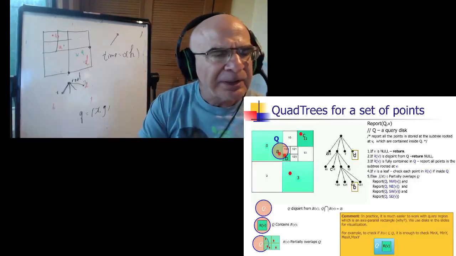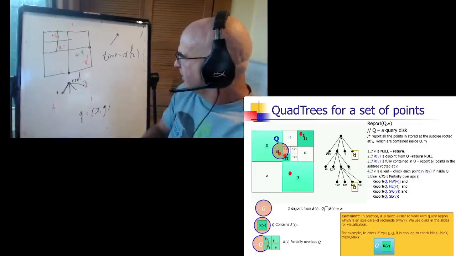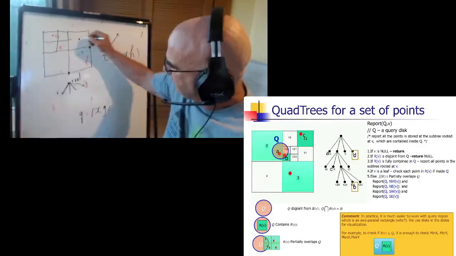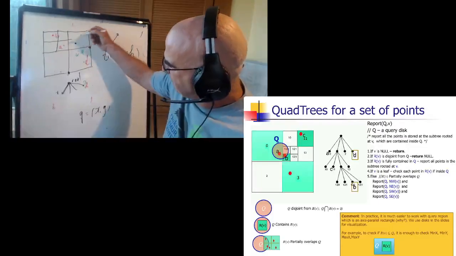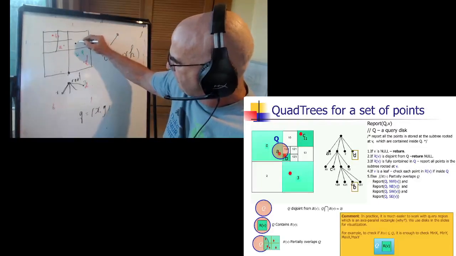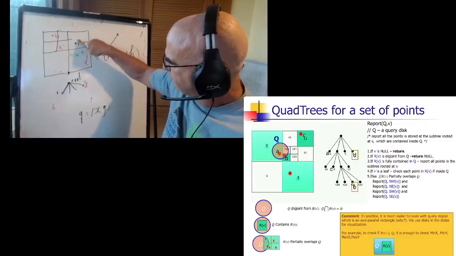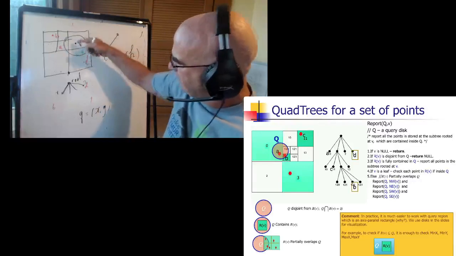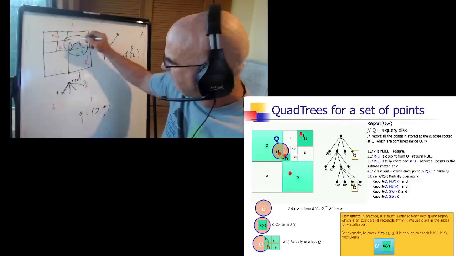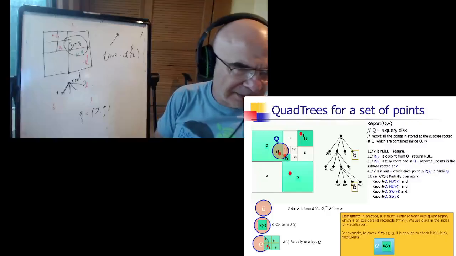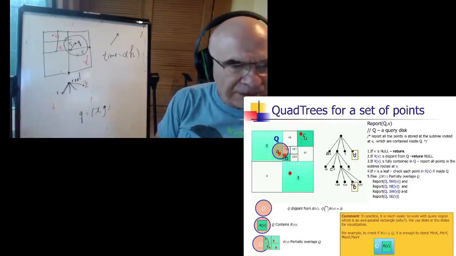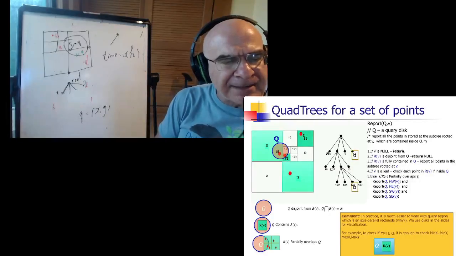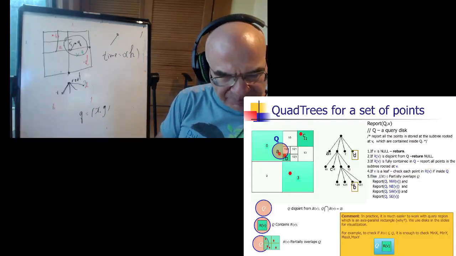I think of it as if I just teleported to this point, small q, and I want to know which other players are within a radius of 5 miles from me in my computer game. This might be an application, and I now want an answer that will be as quick as possible.